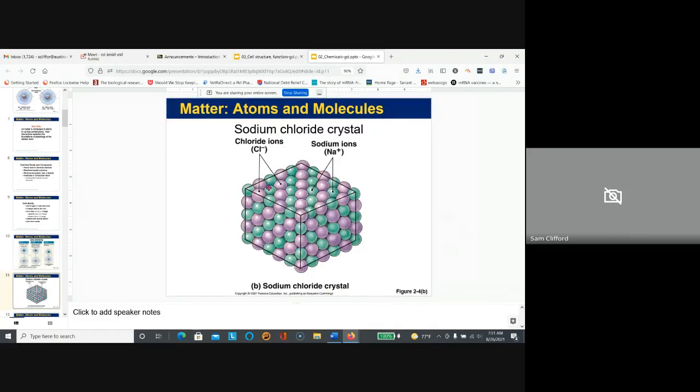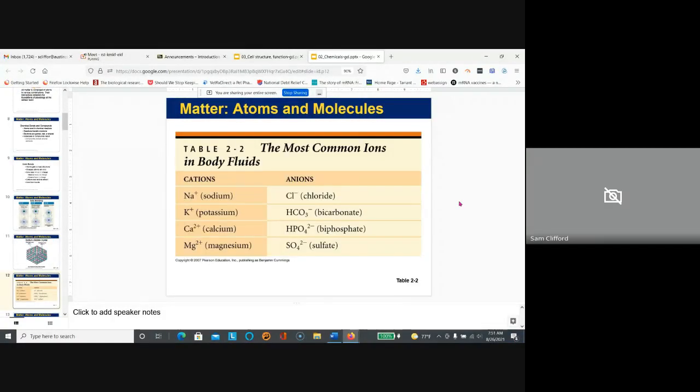When the ions of sodium are attracted to the ions of chloride, that's a salt crystal. Those are ionic bonds. Ionic bonds often form crystals. These ions are very, very important in the functioning of your body at the chemical level, at the basic physiology. You should know these symbols and these names.